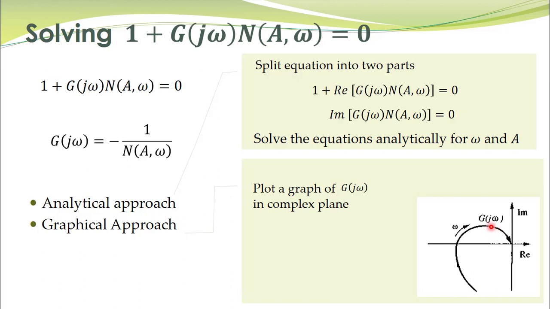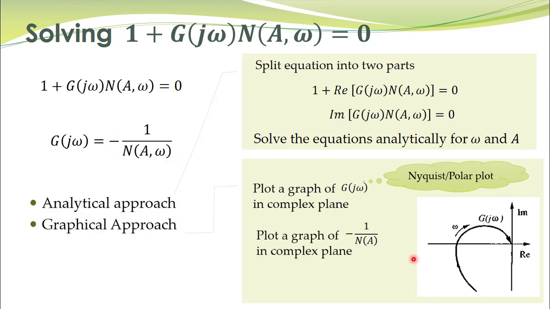This you already know, this is basically the polar plot or Nyquist plot of the transfer function, and you can very easily obtain the polar plot and Nyquist plot for a given transfer function. And you also plot this thing on the same graph for different values of a and omega, and the intersection of the two graphs gives you the solution to this equation.